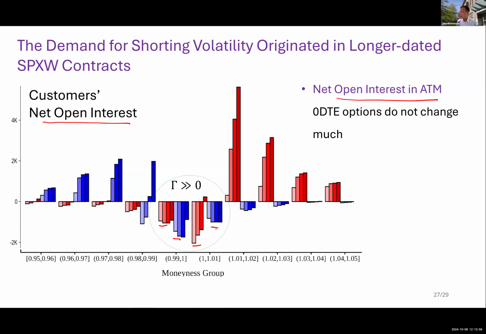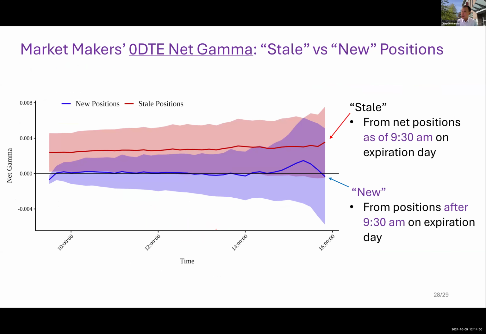So this is almost our second last one here. What we do here is separate the market makers' net gamma into two components. One coming from the new position and one coming from the stale position. Our net gamma can be easily decomposed based on which position you're using.